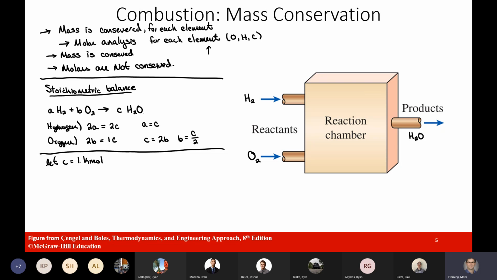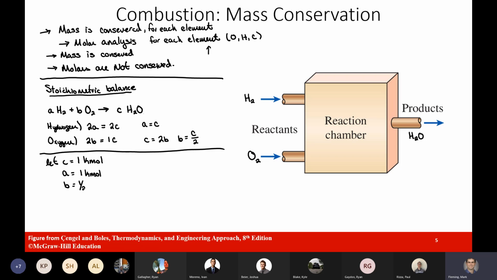And so if we put in C is equal to 1, we'll note that the A coefficient also has to equal 1 kmol. And so we have 1 kmol of hydrogen coming in, because that is on the H. And then we have the second term, B, which would be C over 2.